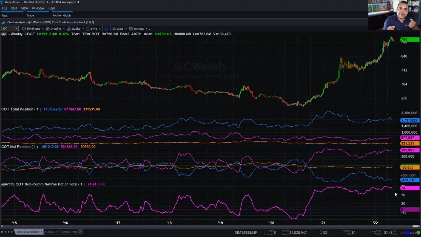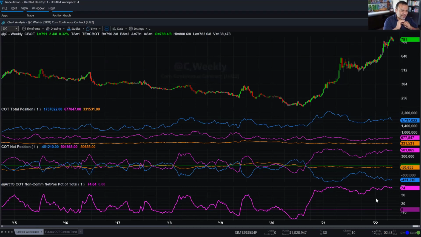So it does give you how committed they are in that long position. And you can see historical values, on the positive side and the negative side, on how committed they are. So it's an interesting way of looking at the net position as a percentage of the total position. So something to think about.